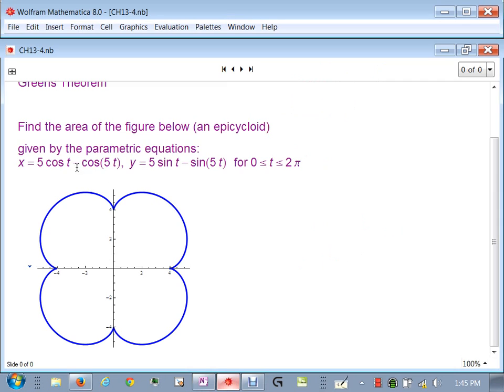I'm plugging into this, right? Cosine of pi over 2 is 0. What's cosine of 5 pi over 2? It's still 0, right? So you get 0 for the x-coordinate. How about this? What's sine of pi over 2? 1. And then sine of 5 pi over 2?